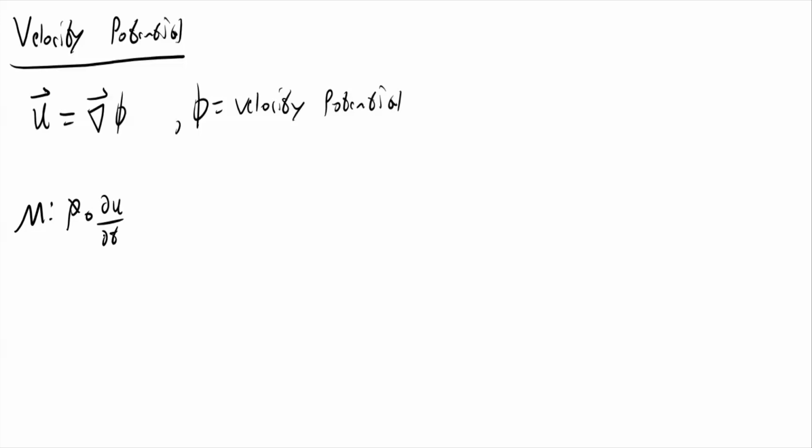The left-hand side of the linearized momentum equation, if you recall, is equal to negative grad p. But before we do that, let's plug in velocity potential. So we'll have grad d phi dt, and once again this is equal to negative grad p.